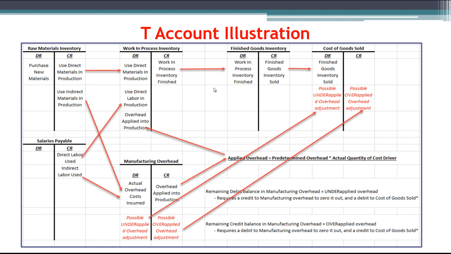But it could be 25, 25, 50, or 10, 10, 80, whatever your percentage is, that's the proration you're going to use to correct this overhead error. That's the point. But again, in most textbooks, and for that matter, in most companies, they'll say, let's just adjust cost of goods sold and be done with it.